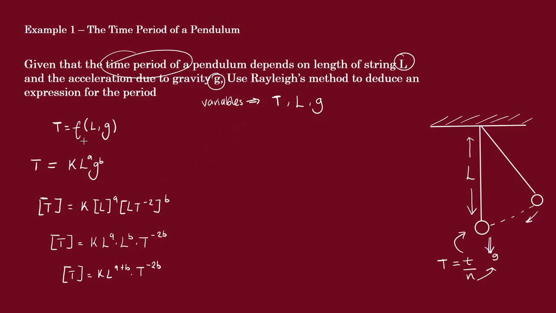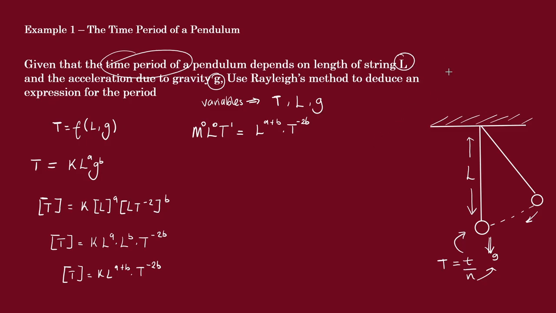Okay, so you know we're looking for the period T. So if we were to be very explicit, since T is the dimension of period only, if I were to write M L T on the left hand side of my expression, it's going to be the same as M raised to power 0, L raised to power 0, T raised to power 1 to be equal to L raised to power a plus b times T raised to power negative 2b.